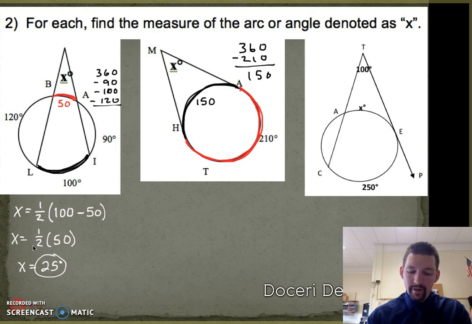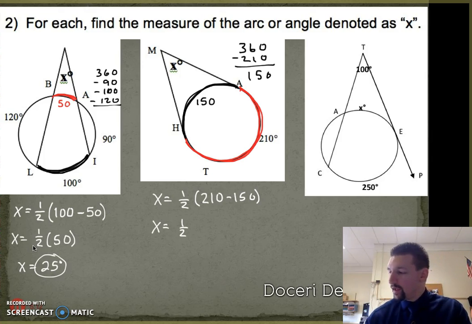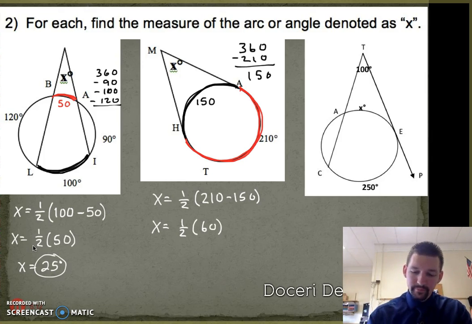So using our formula, x equals 1/2, it'll be 210 minus 150. Finishing that down, we'll end up with 1/2 of 60. So our angle measure here is going to be 30 degrees.